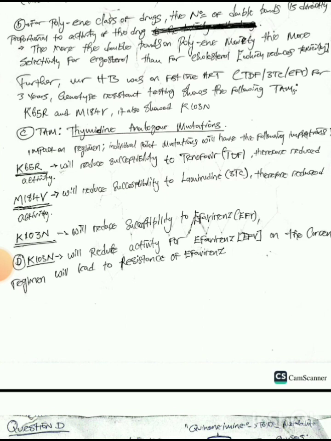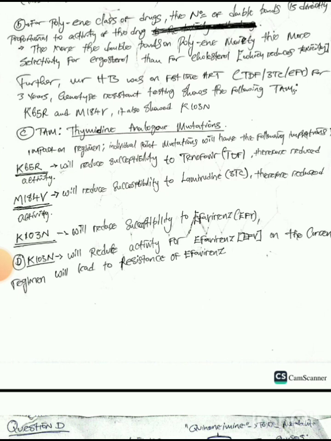Therefore, the more double bonds the drug has, the more the selectivity for ergosterol than for cholesterol. This reduces toxicity, because as we know, cholesterol is present in human membranes, so interaction with cholesterol might lead to adverse reactions.